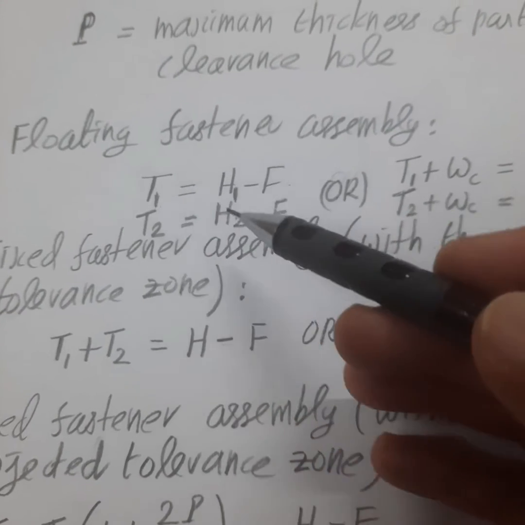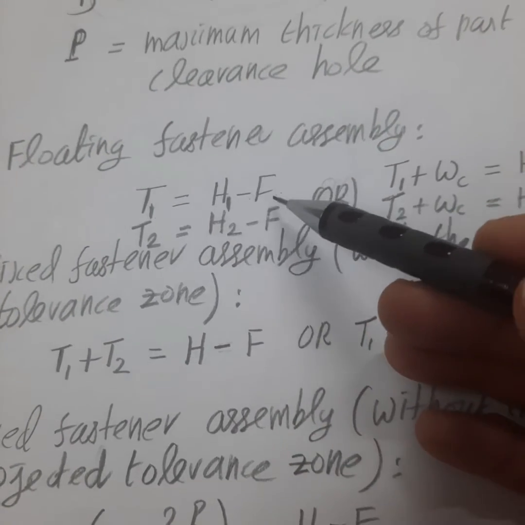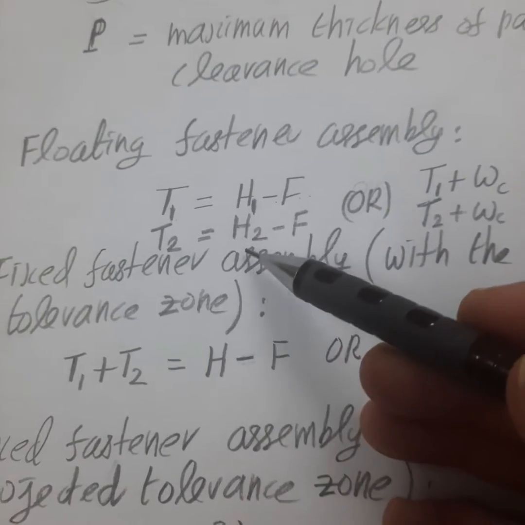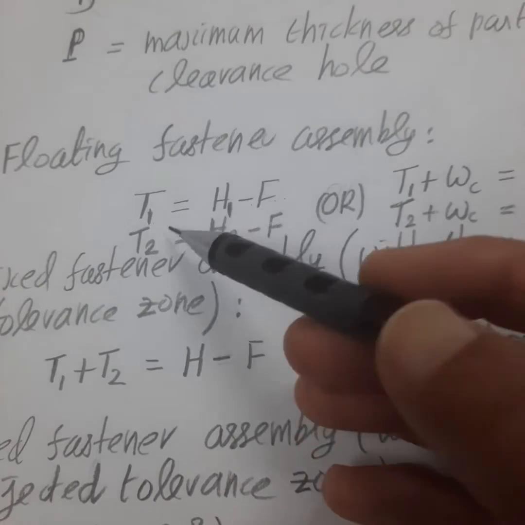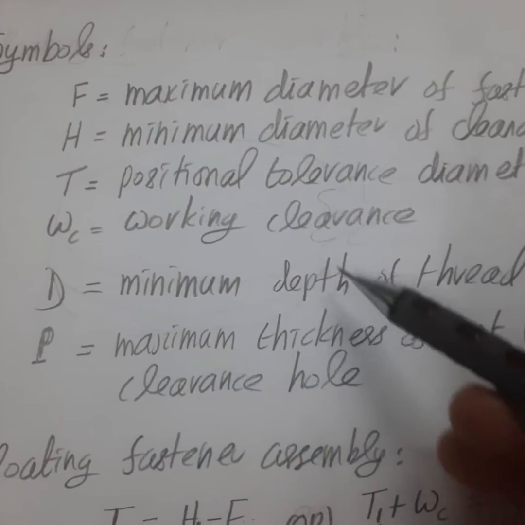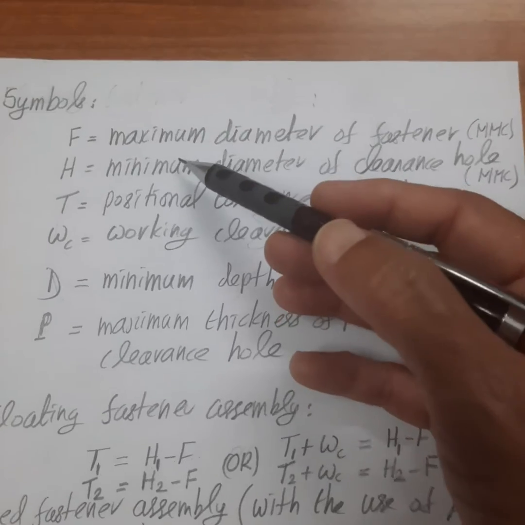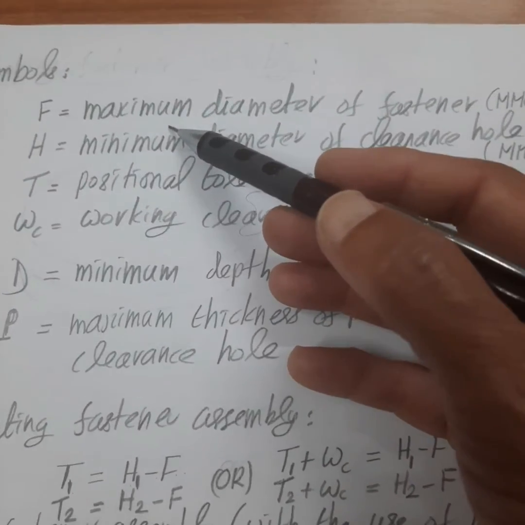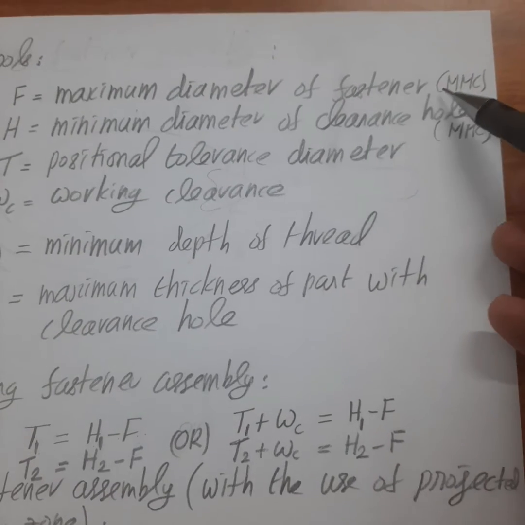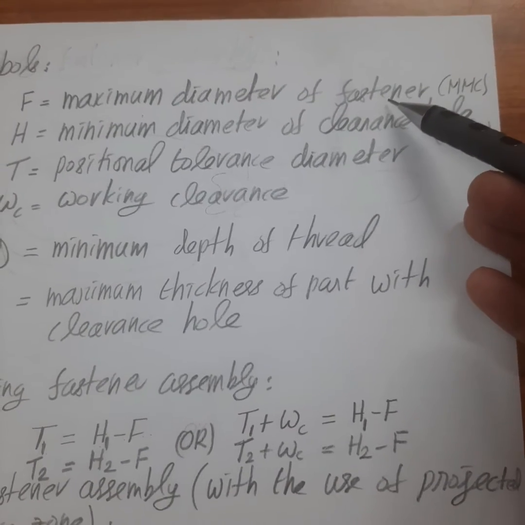T1 is equal to H1 minus F. T2 is equal to H2 minus F. What T, H and F are is shown here. F is the maximum diameter of the fastener, or we can say the MMC size of the fastener.